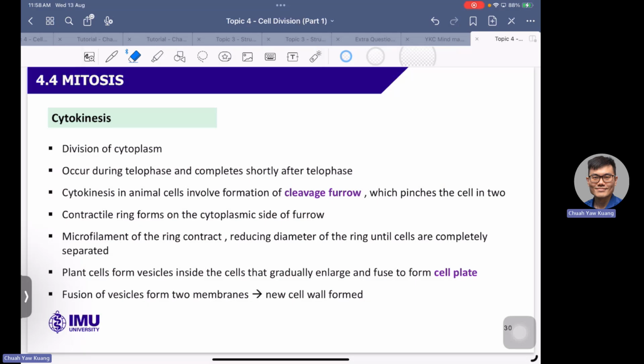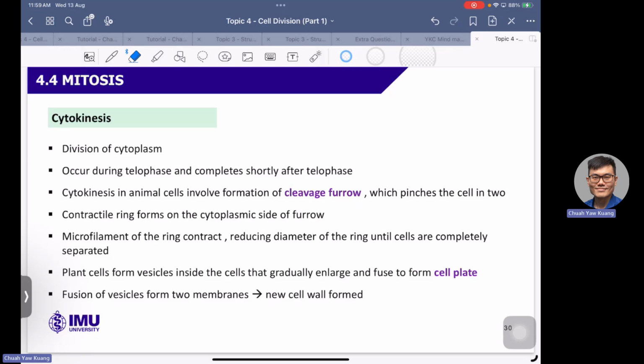This is one of the common mistakes: a lot of students think that you finish telophase and only then cytokinesis. No. Most of the time, cytokinesis will occur halfway through the telophase, when the chromosomes start to decondense. During halfway of the telophase, cytokinesis will already start.